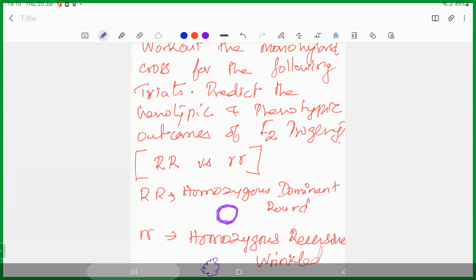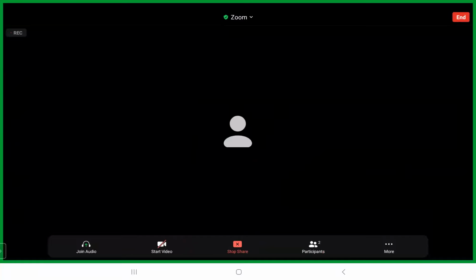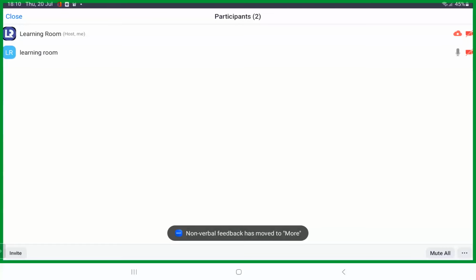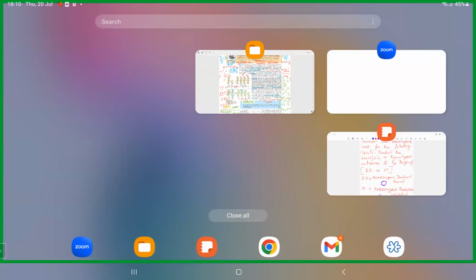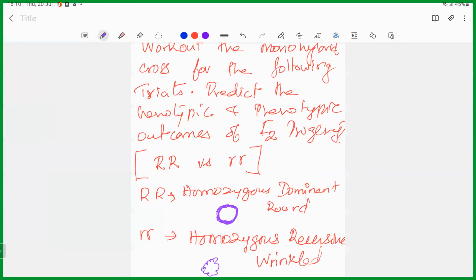Anybody is there online? Kaushik? No, right? Okay, anyway, nobody is there. Participants also. Oh, audio is not connected.